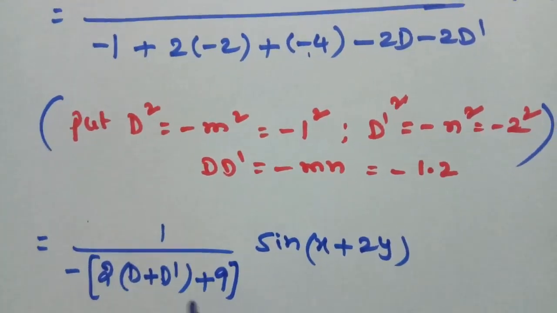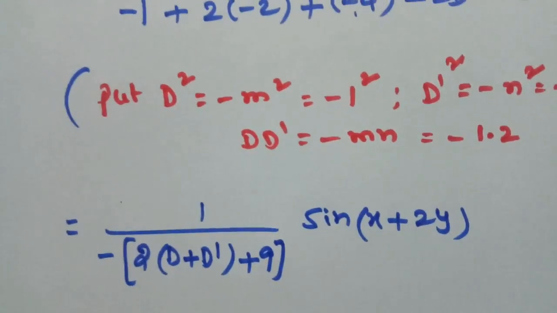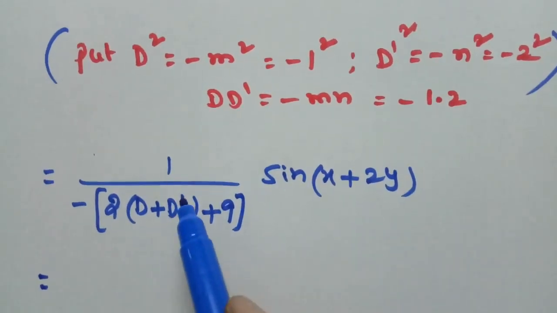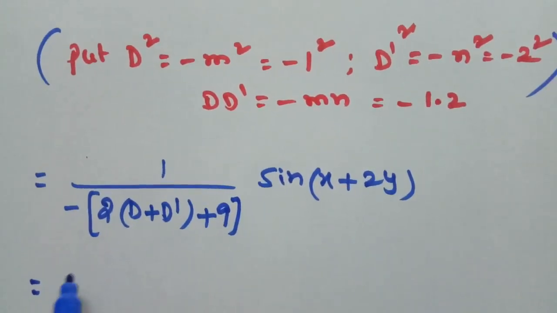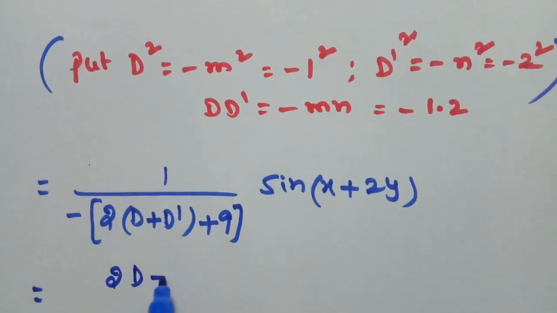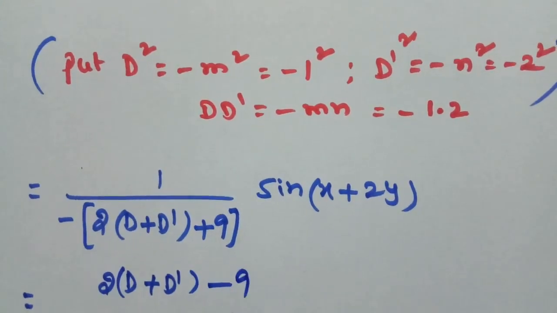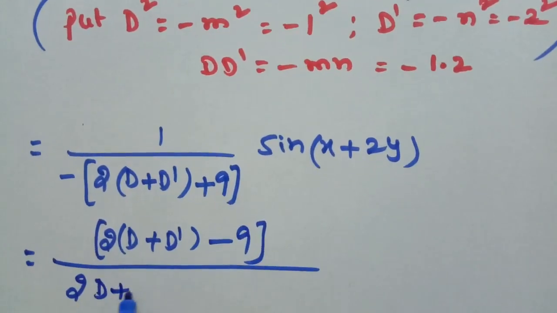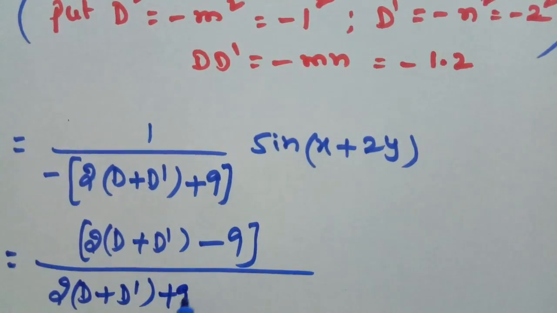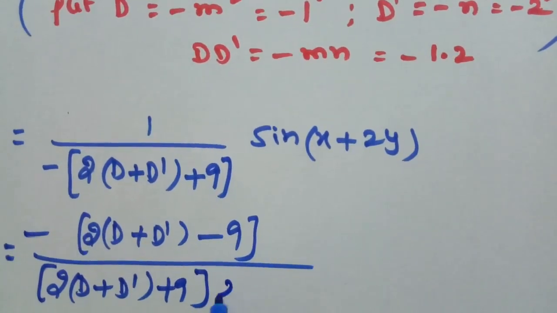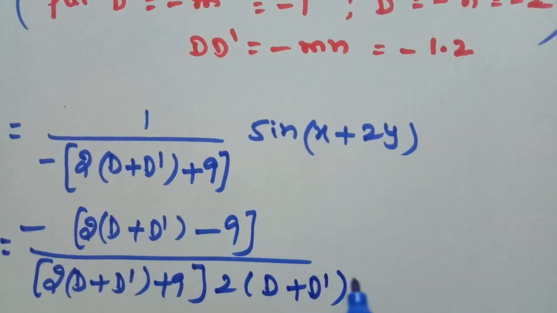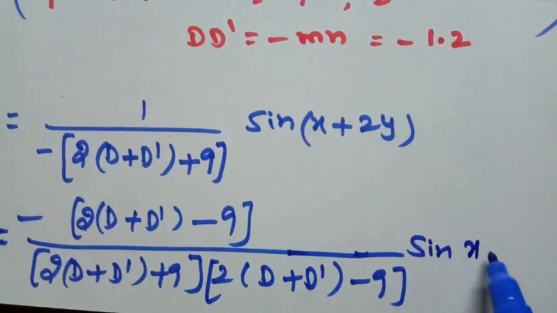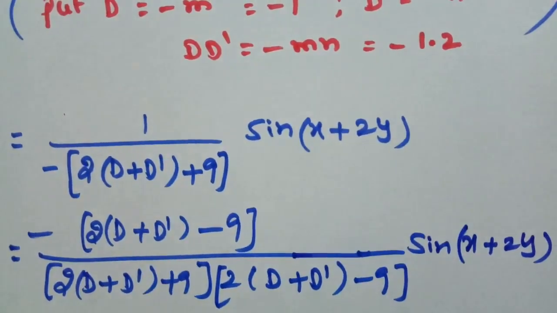Now, to get D² and D'² terms, we can multiply both numerator and denominator by 2 into (D + D') − 9 by 2 into (D + D') + 9 into 2 into (D + D') − 9 into sin(x + 2y).